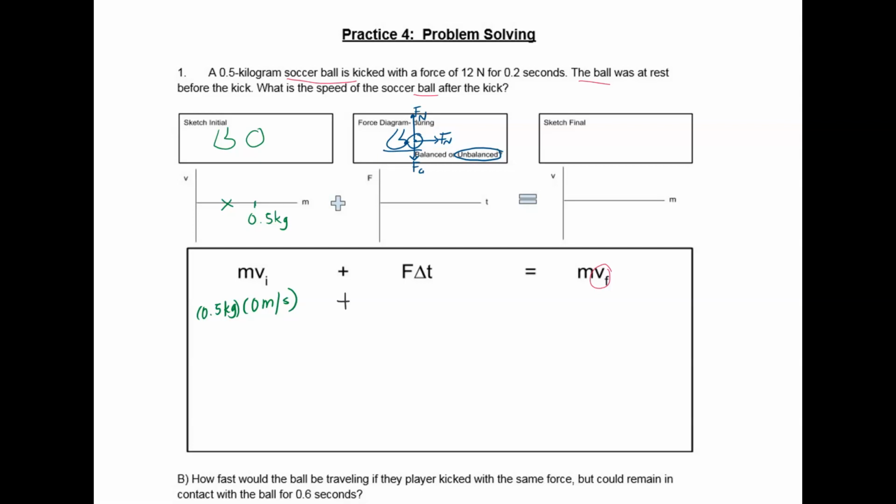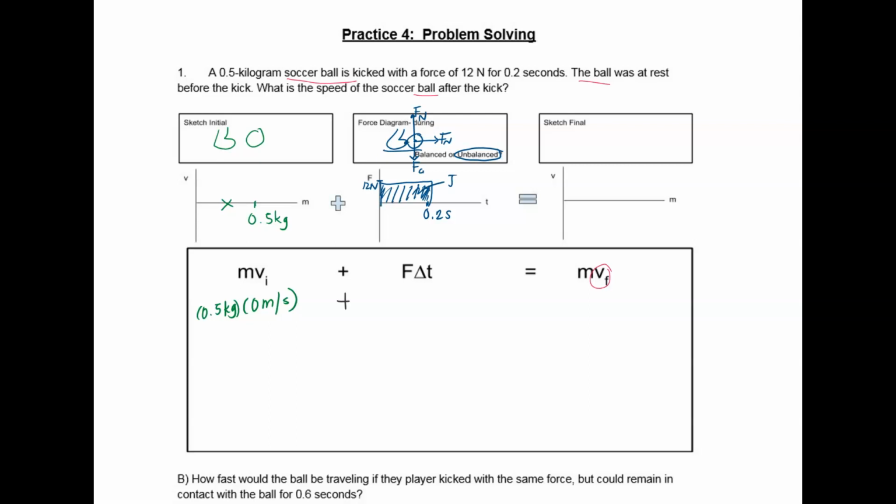So it's an unbalanced force, and it's happening for 0.2 seconds with a force of 12 newtons. Now, if you remember from class, this force times time is going to be our impulse.